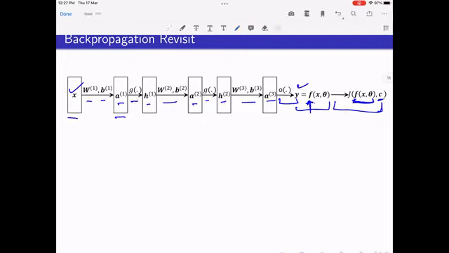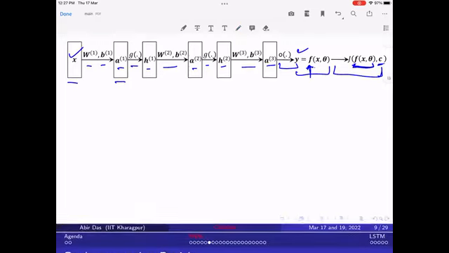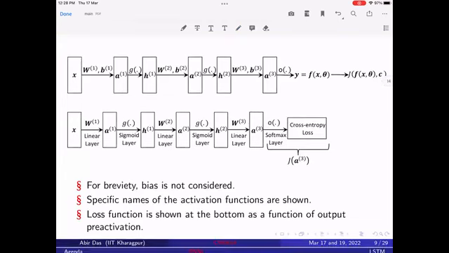For the purpose of this lecture, since we have many layers, I'm compacting the notation a little bit. For brevity, bias is not considered, but everything basically extends to that also.